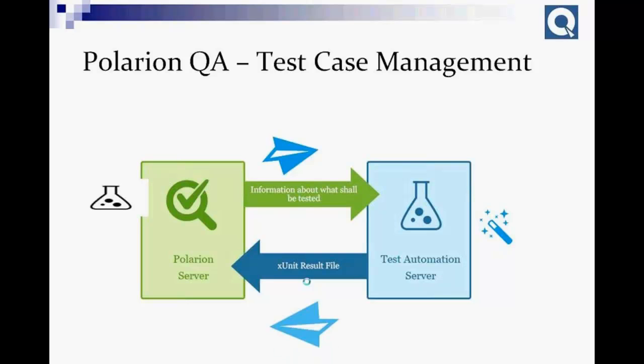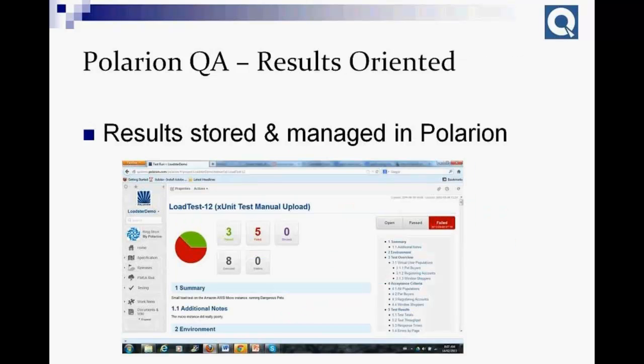What's really nice is that the results would be populated back into our Polarian server, and all the results are managed and stored in Polarian QA. In this particular instance, a load test was performed outside of Polarian QA, and we can see all the activities that occurred, whether it's an audit trail or what was executed, and even the linkage in the results.